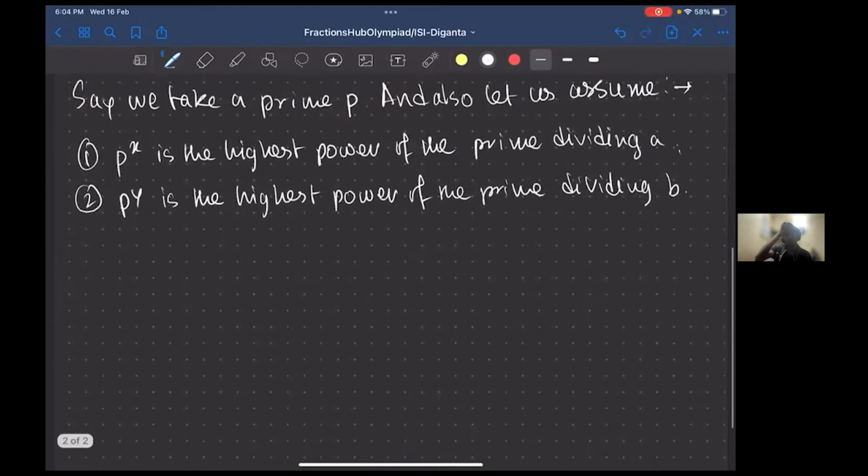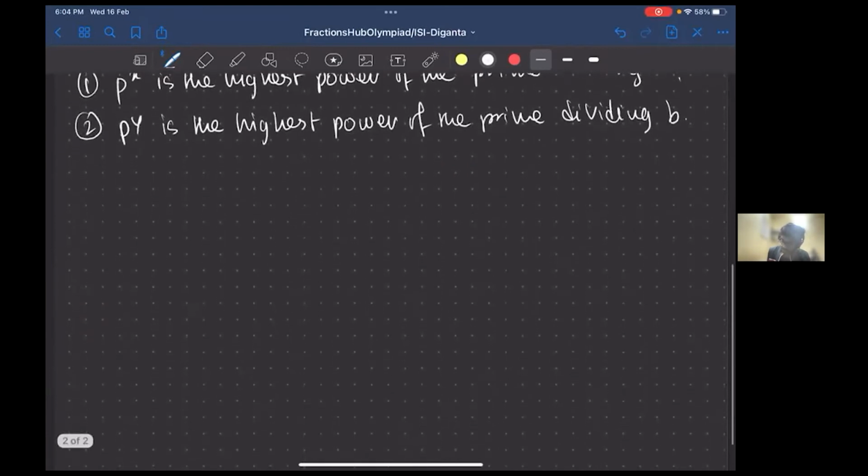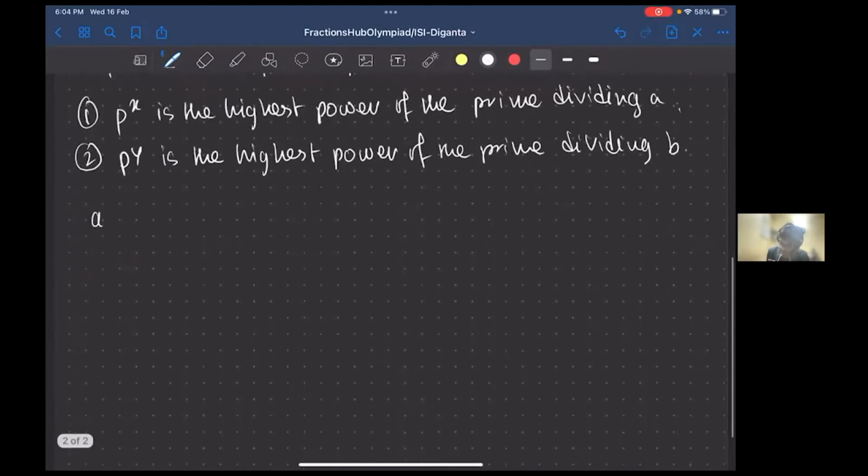Now, we have the following equation that you can see, and we have taken p power x and p power y as the highest powers. Now let us look at both the sides and compare. So this is a square plus b square.